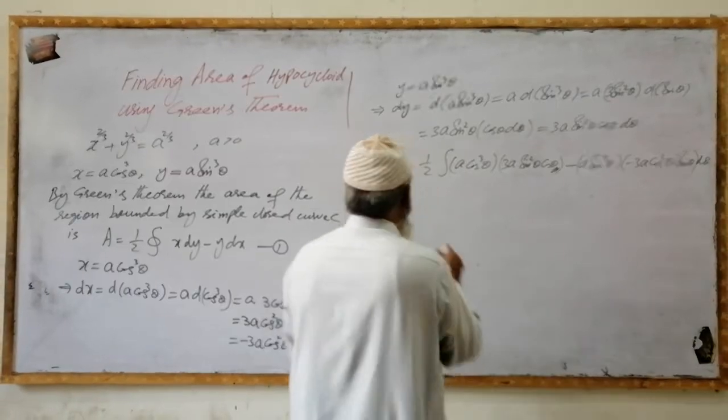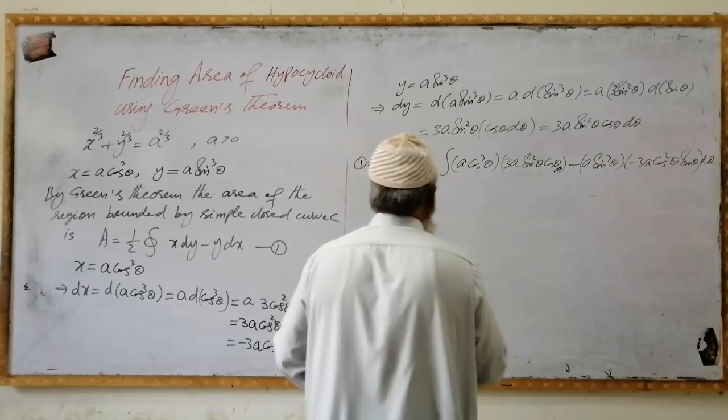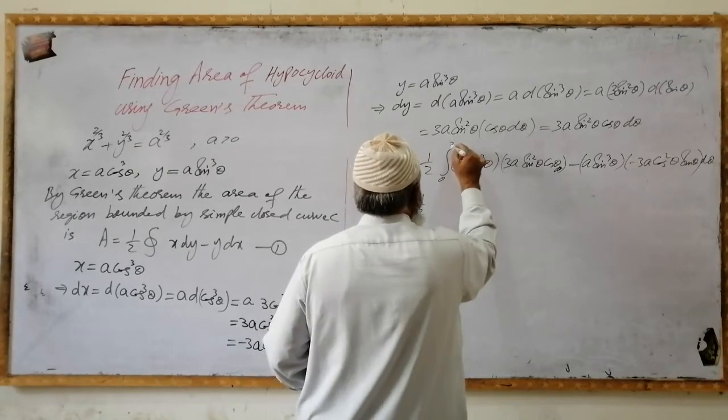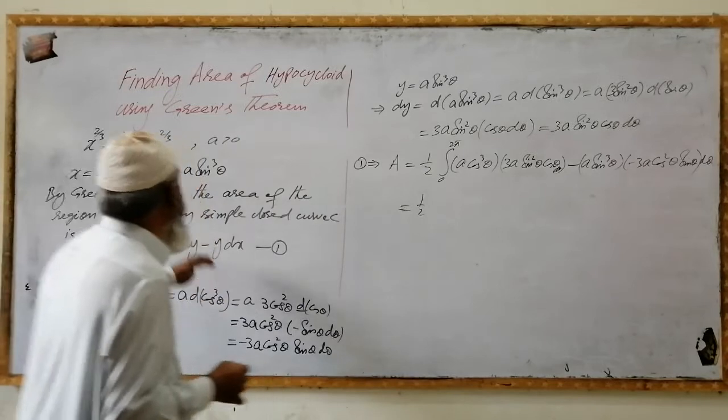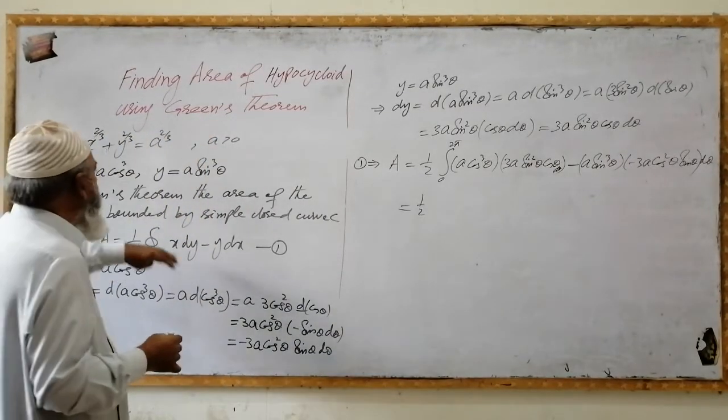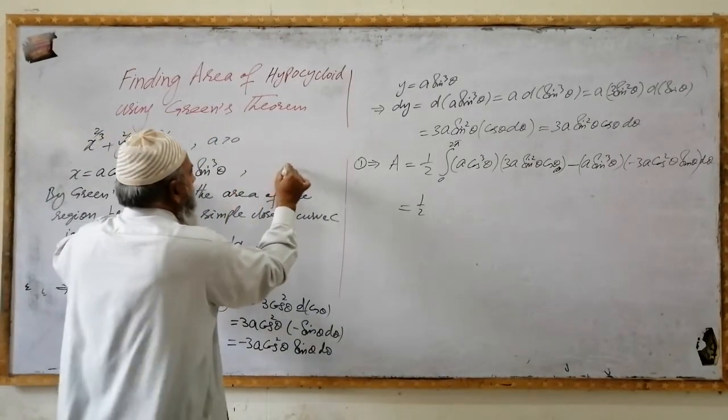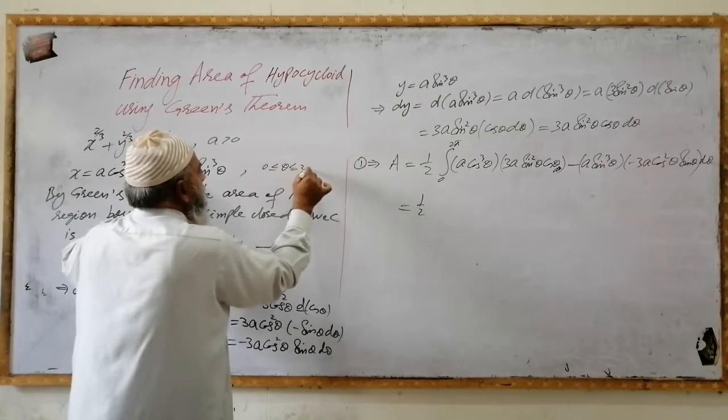Now look at 1 by 2 and limits. In this case we also have limits 0 to 2 pi. In the case of hypocycloid, theta varies from 0 to 2 pi.